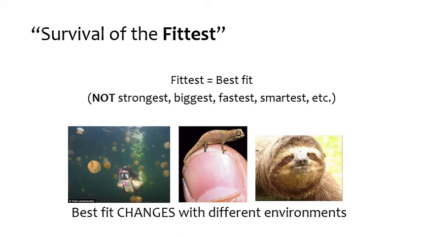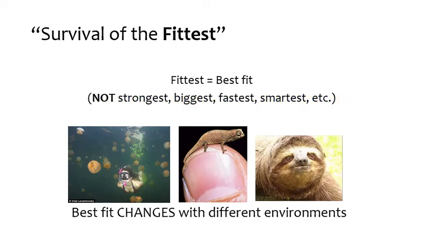But in the past, fitness referred to how good of a fit you were, like a puzzle piece fitting in a puzzle. With that definition, survival of the fittest just means the survival of the best traits in a particular niche. You don't have to be fast, big, smart, attractive, or strong.